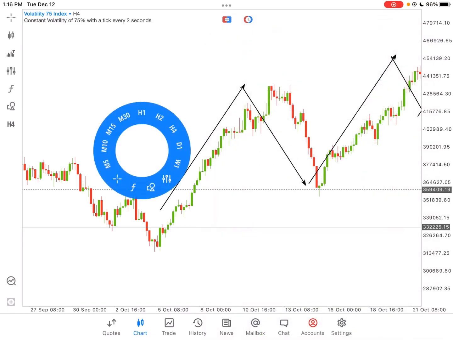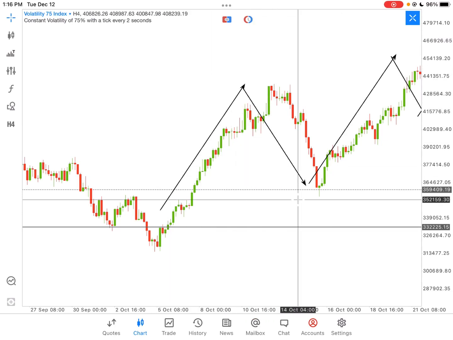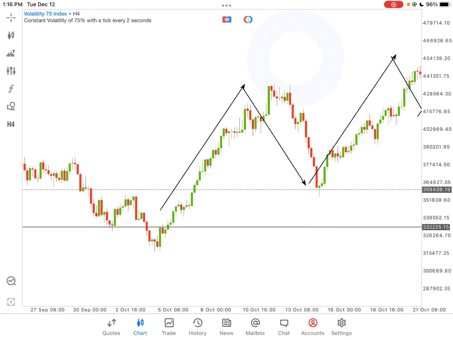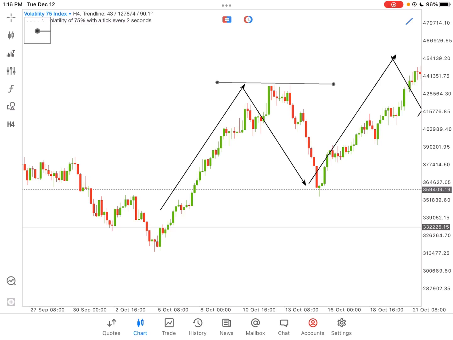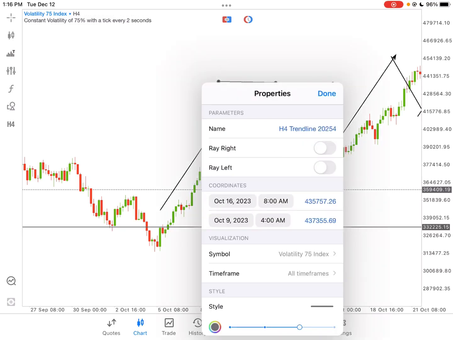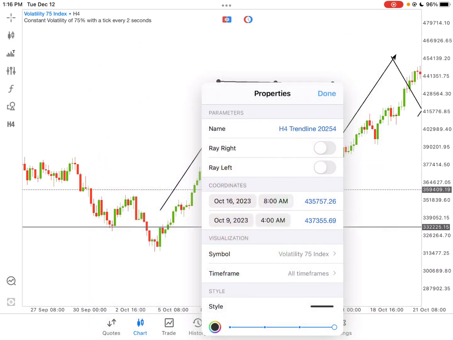So hope you are seeing this. So you can see we are buying, making higher highs and higher lows. So let me use a line. As you can see, let's make this a little bit thicker and darker.